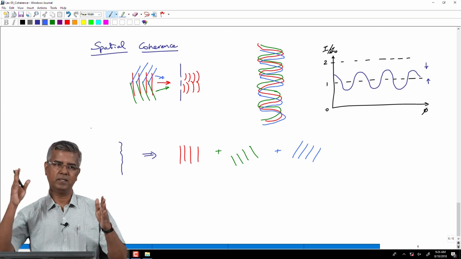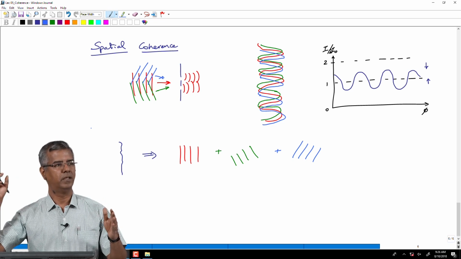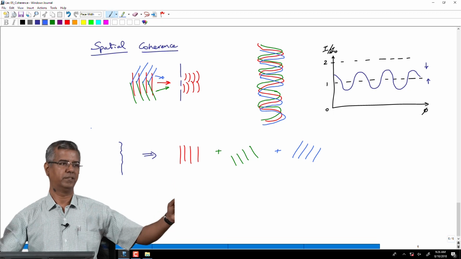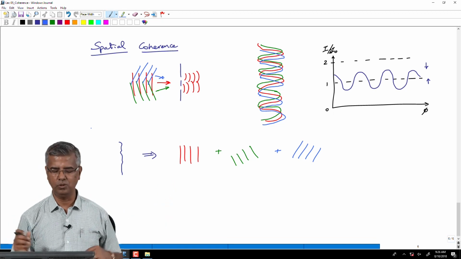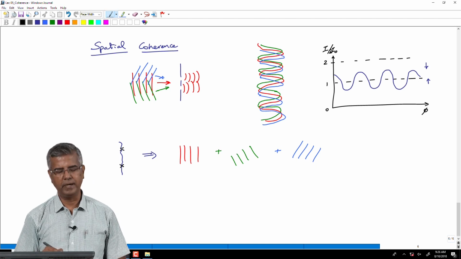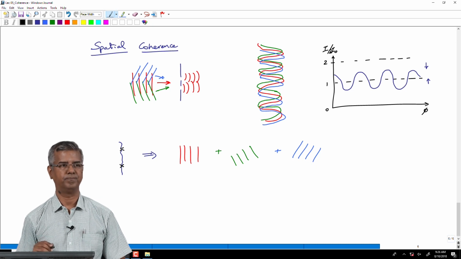So, you were looking at the correlation between a point in one wavefront and a point in another, delayed wavefront. But here you are looking at the correlation between two points in the same wavefront.